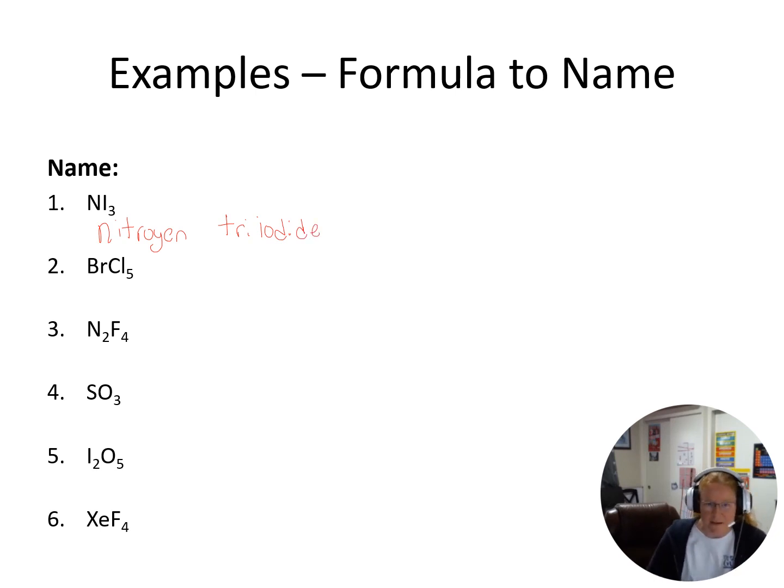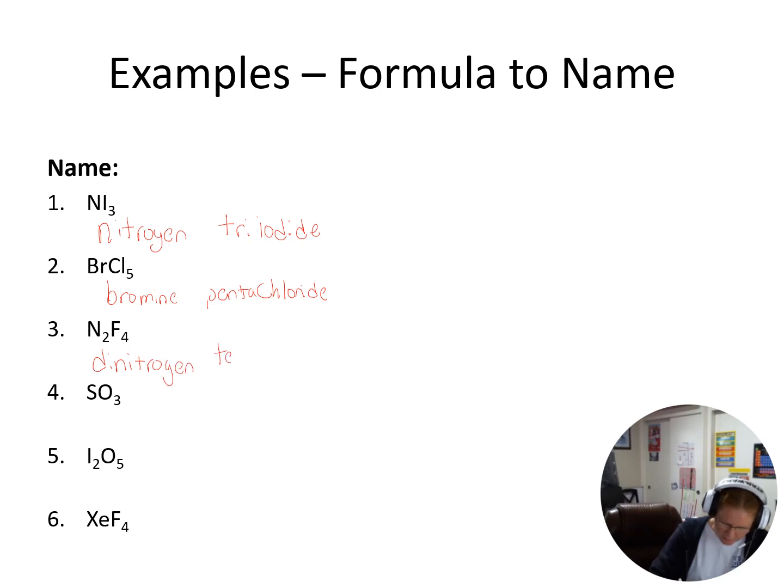Next I have a bromine and 5 chlorines, so bromine pentachloride. Now I have 2 nitrogens and 4 fluorines, so I would get dinitrogen tetrafluoride.